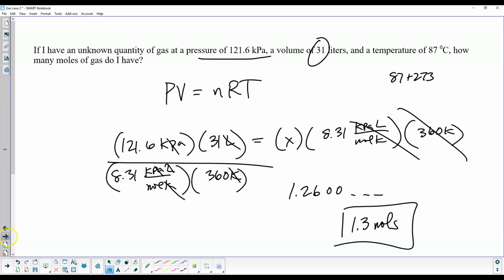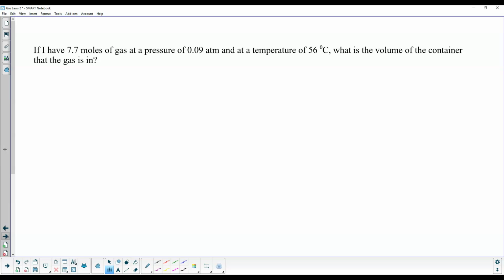Let's do one more. It says I have 7.7 moles of gas at a pressure of 0.09 atmospheres, temperature 56 Celsius. I want to know the volume of the container. Once again, we're using the same formula, PV equals nRT. This time we're solving for volume. We know the pressure, 0.09 atm.